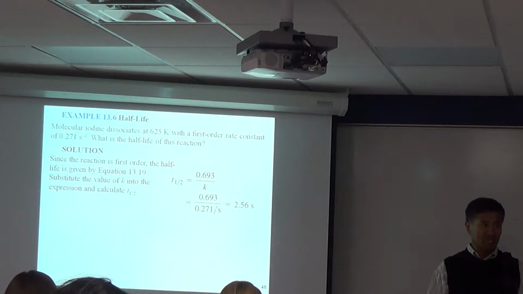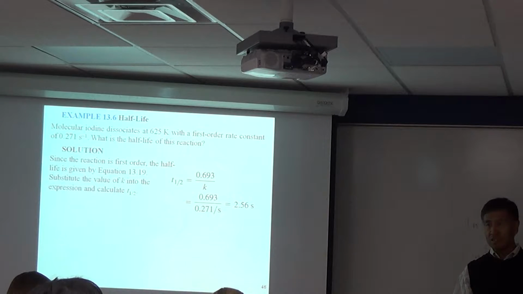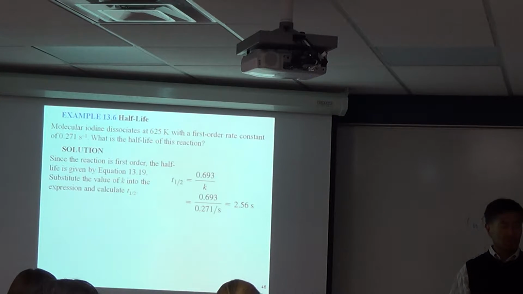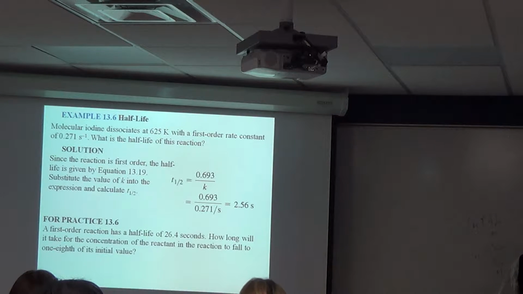Time unit can be second, minute, day, years. And if the time unit for your k is 1 over second, obviously 1 over second flipped over becomes second. So the half-life becomes how many seconds? Okay, now you do a practice.